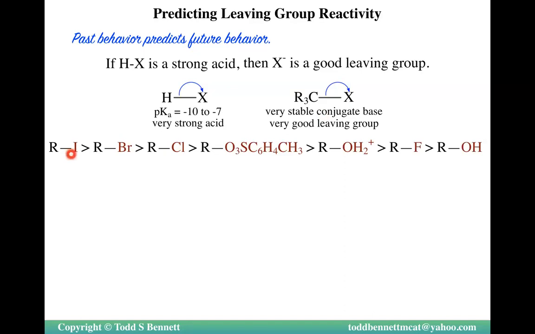So because HI is a stronger acid than HBr, RI is a more reactive electrophile than RBr. Just like HBr is a stronger acid than HCl, RBr is more electrophilic. RBr is going to give up bromine leaving group more than RCl will give up a chloride.